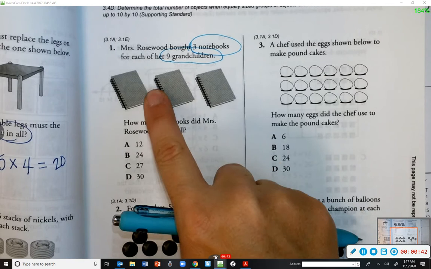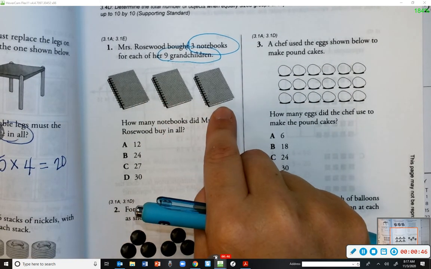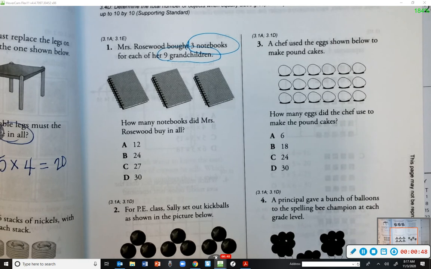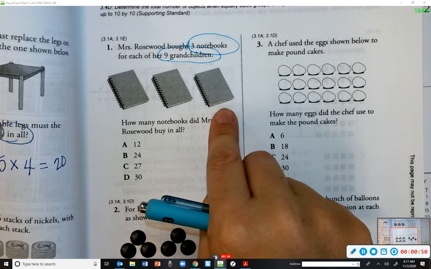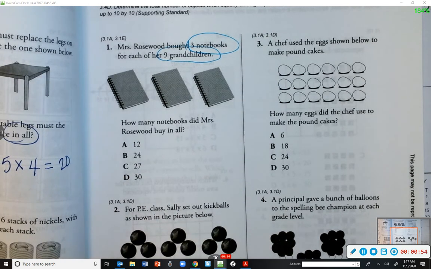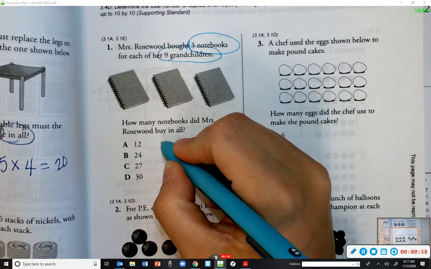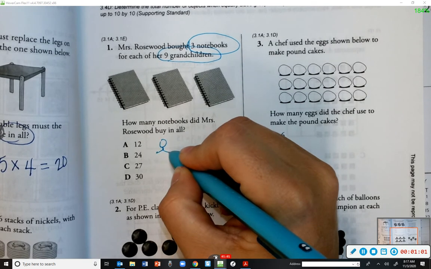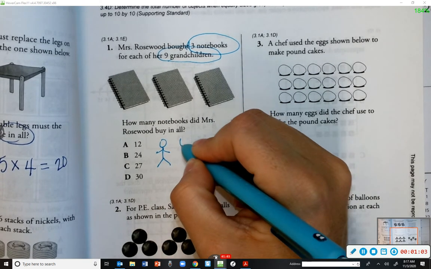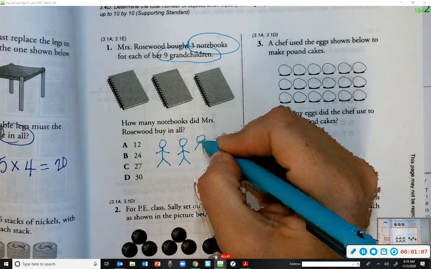Here's where a pictorial model might be a good strategy. They've already started drawing the notebooks for you. You don't have to use that if it doesn't help you. Use whatever is going to help you. If I hear 9 grandchildren, I may want to draw 9 people. So here's my grandchildren. There's 9 of them.